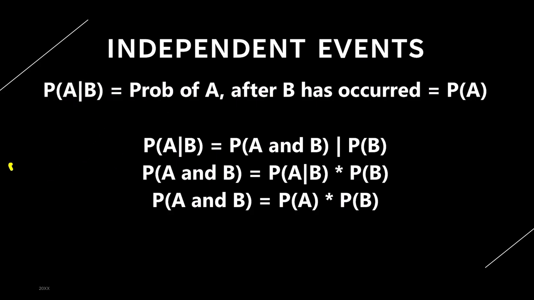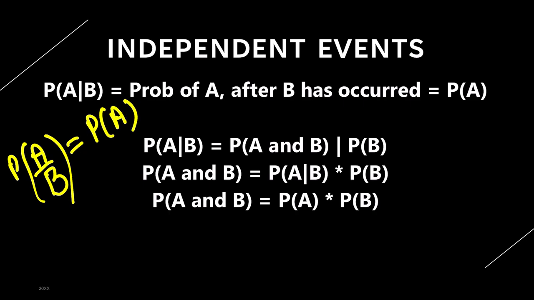Probability of A happening after B has already happened is probability of A happening alone, the same probability. After B has happened, what is the probability of A happening? That is again P of A. Why? Because A is not affected by B happening.